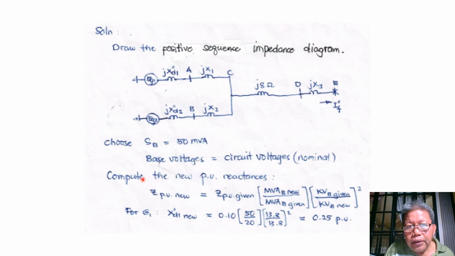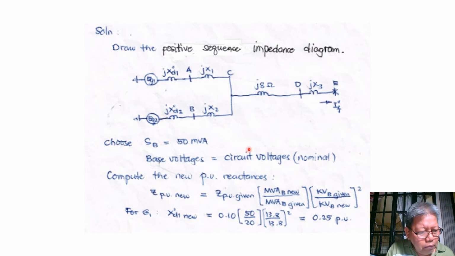In this case, supposedly, it would be good if we choose the MVA base of generator 1 because it has a capacity of 20, and also T2 has a capacity of 20, then we could have at least saved 2 calculations for new reactances.